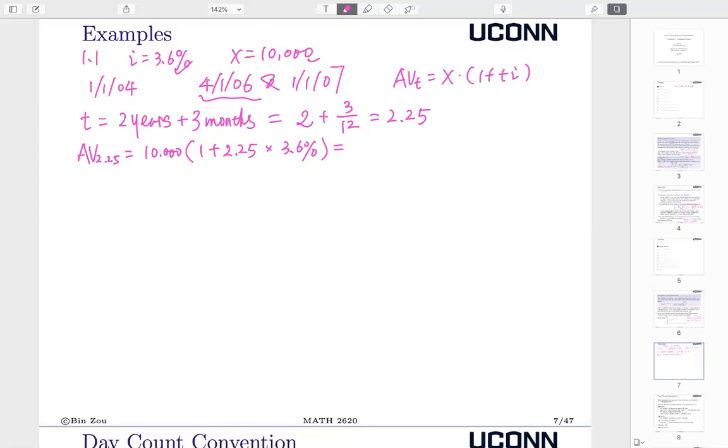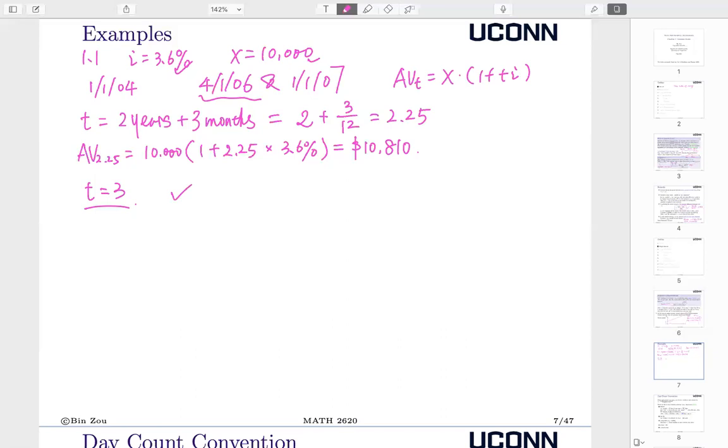If you punch in all the numbers, it should lead to $10,810. The next one is actually a lot easier because you can immediately see the time span is 3 years, and you can apply the same formula.